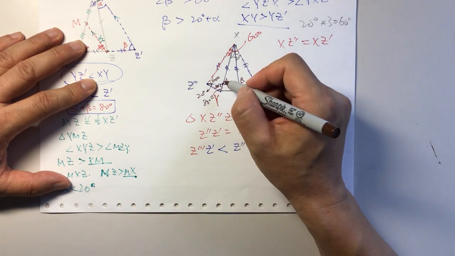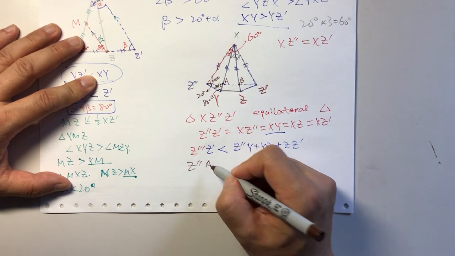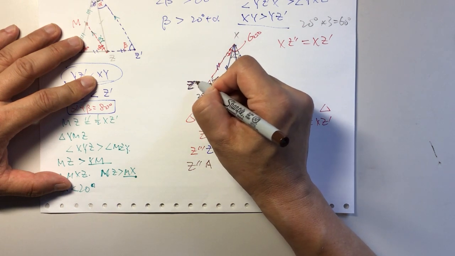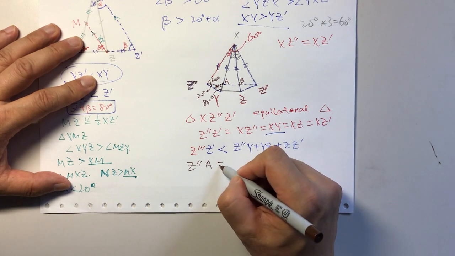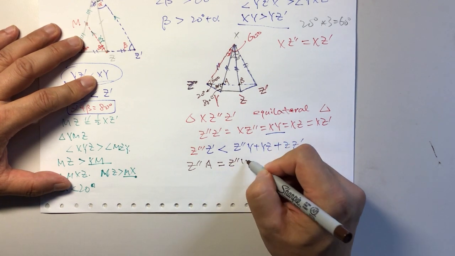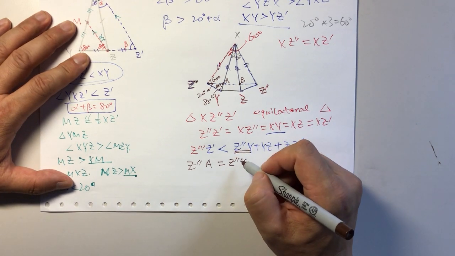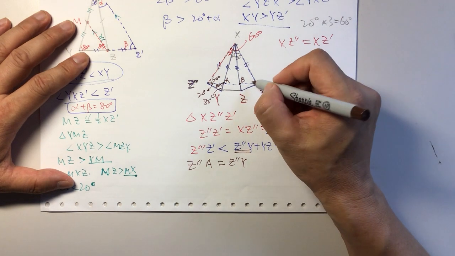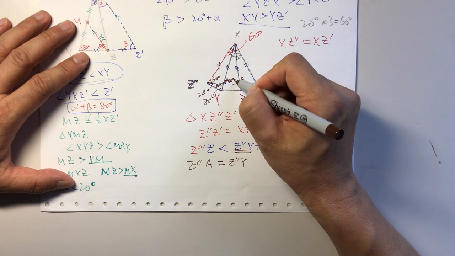So it means z prime prime A equals z prime prime Y, right? This part, because of the isosceles triangle, and for the same reason, of course, this is 80 degree, right? And also this is 80 degree.